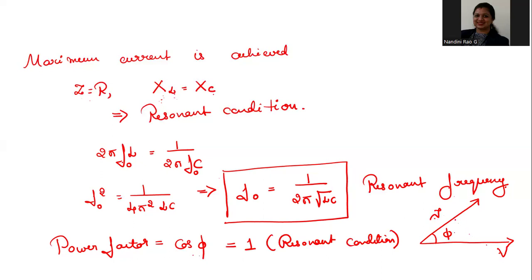The current vector will be perpendicular to V. What will be the phi value? 90. So cos phi will be 0. Power factor value will be 0. Please understand in that manner. Okay. So now I have written about power factor, then resonant condition. Next component is Q factor.